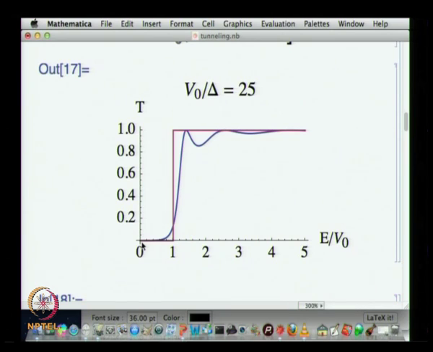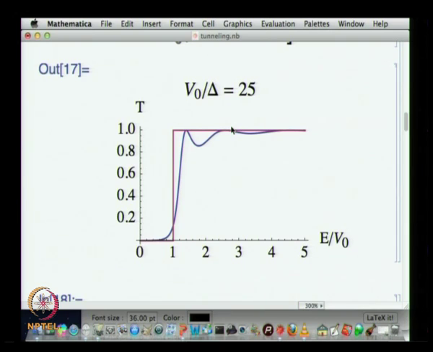In that range T will be equal to 0, and if E is greater than V0, you are in this range, and T will be equal to 1. So you have a step function like appearance. That would be the case if the particle behaved classically.